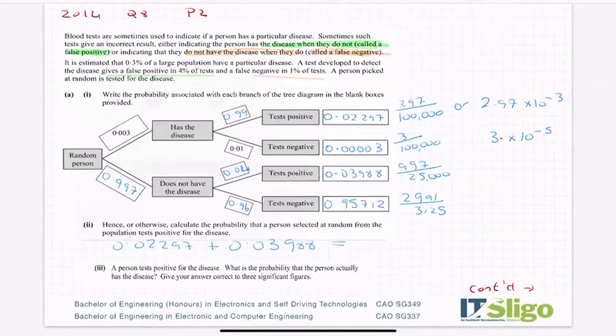I forgot a 0. It looked a little bit high. Okay, let me just put that in again. An extra 0 up there that I forgot. 0.00297. It just looked a little bit high.